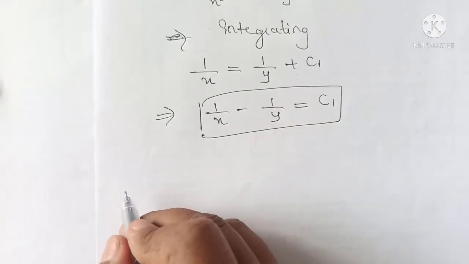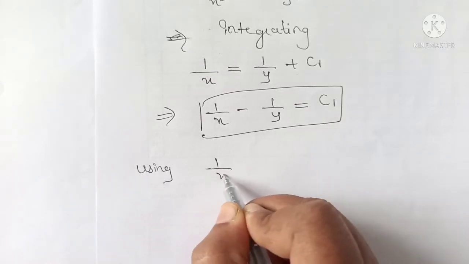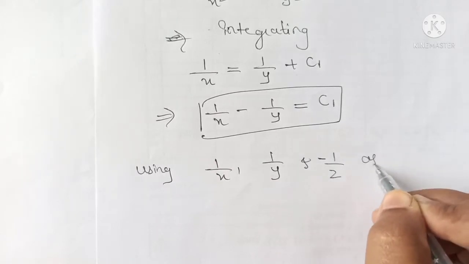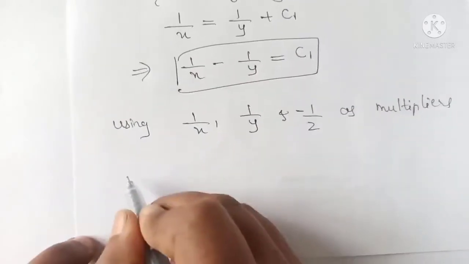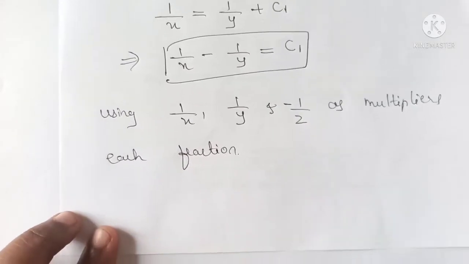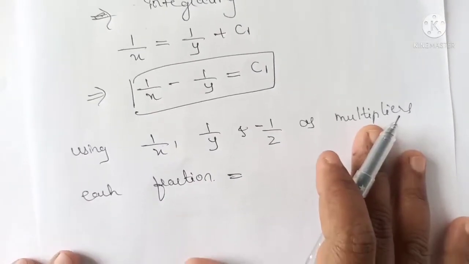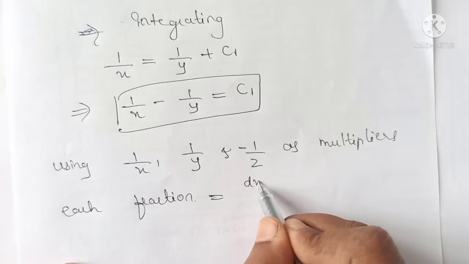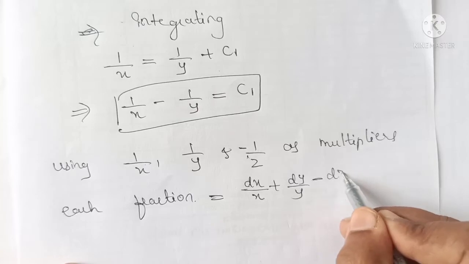To get another set, we use the multipliers. Using 1 by x, 1 by y and minus 1 by z as multipliers, each fraction equals, the first fraction is multiplied with 1 by x, so we get dx divided by x plus dy divided by y minus dz divided by z.